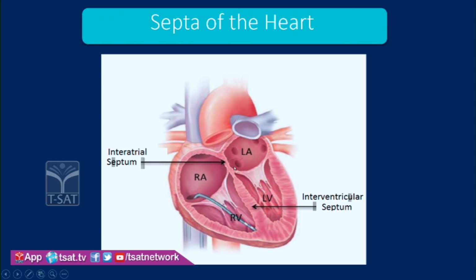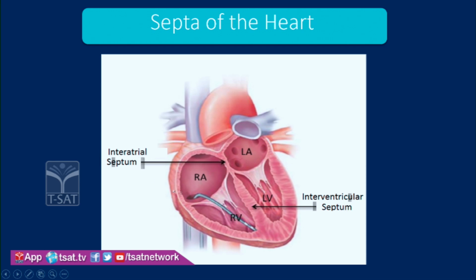This is also septum. What is this? Interatrial septum. This interatrial septum will separate the 2 auricles. This interventricular septum will separate the 2 ventricles, from here to here. Interatrial septum, interventricular septum.